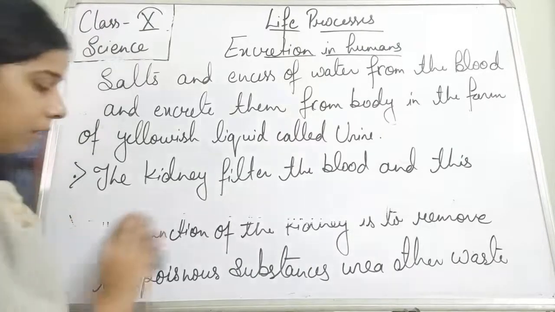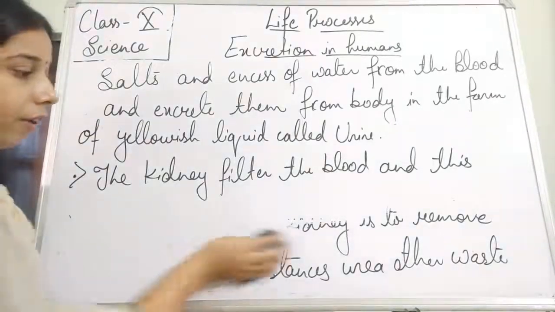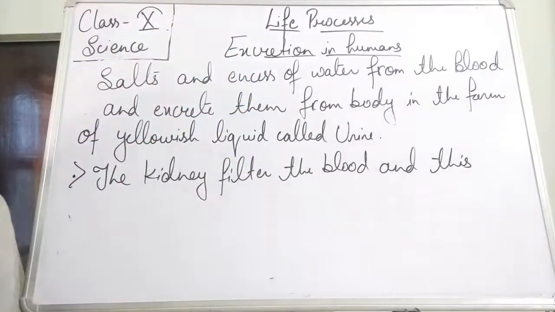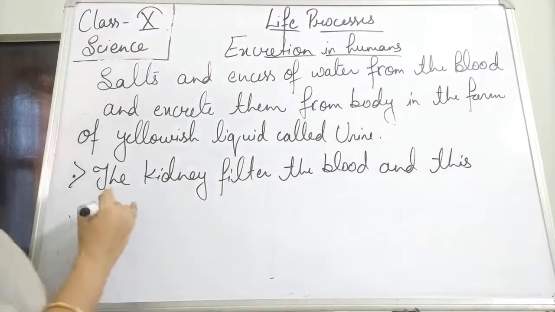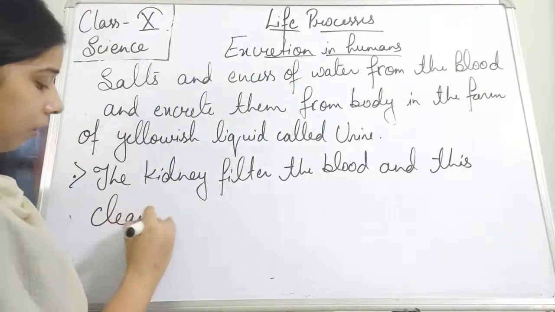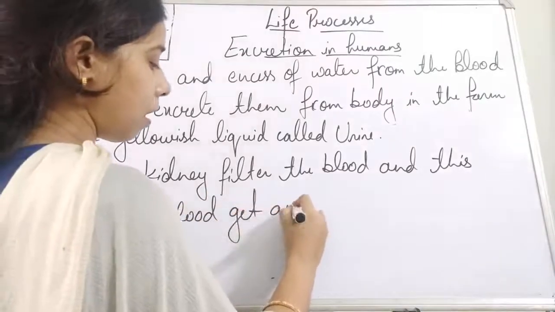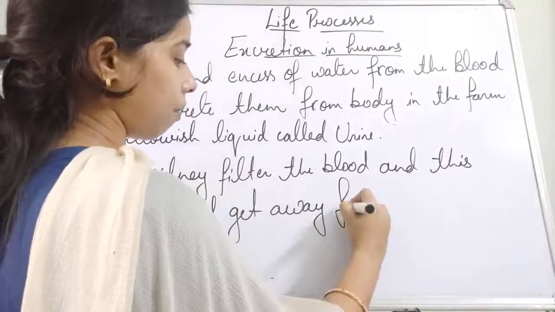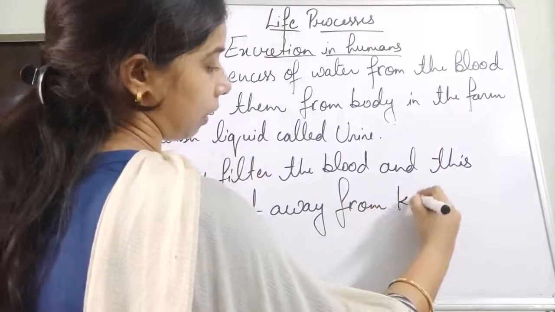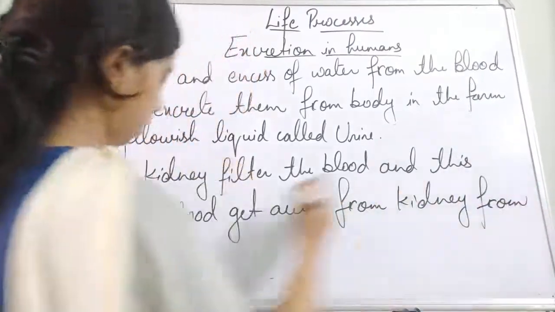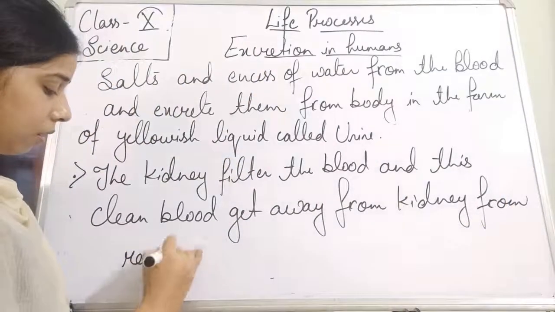This clean blood gets away from the kidney through the renal vein.